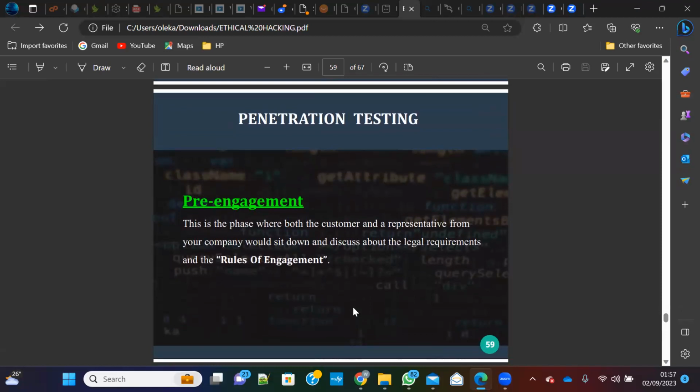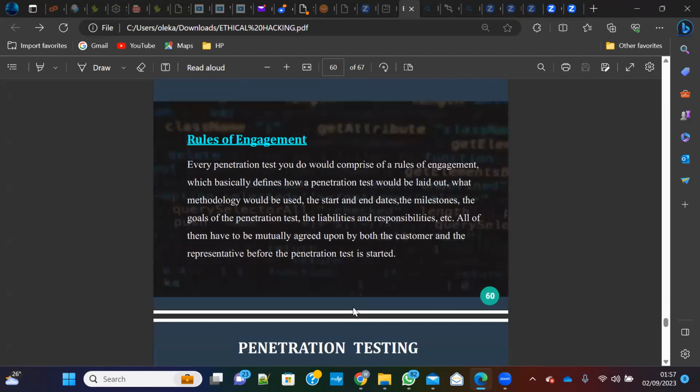Professionally, before you begin any penetration test, there's something we call the rule of engagement. This rule of engagement is technically what gives you the legal requirements. This is where the permission has been given to you. Remember, I said it's all about permission. You need to get the permission. So what does a rule of engagement entail?